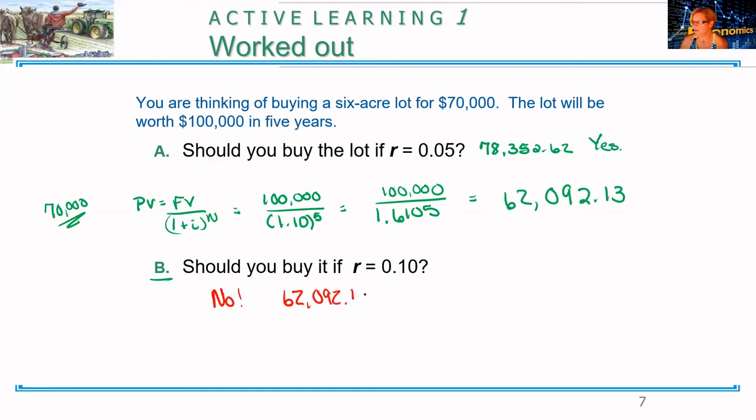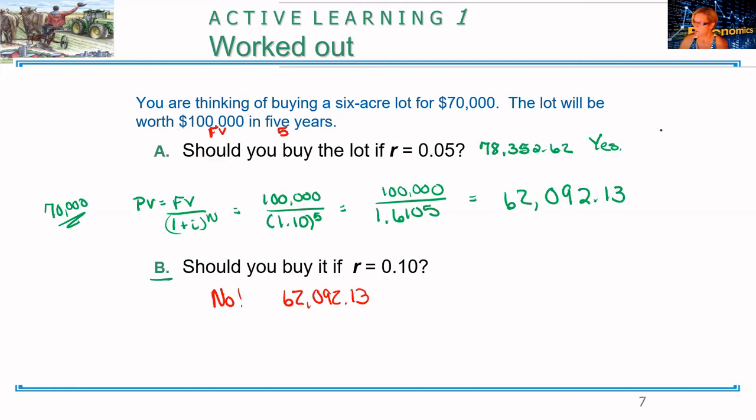So this illustrates an important topic when we talk about present value and interest rates. What happened in this example? We held the future value constant. We held the time periods constant. So the only thing that really changed here was the interest rate.